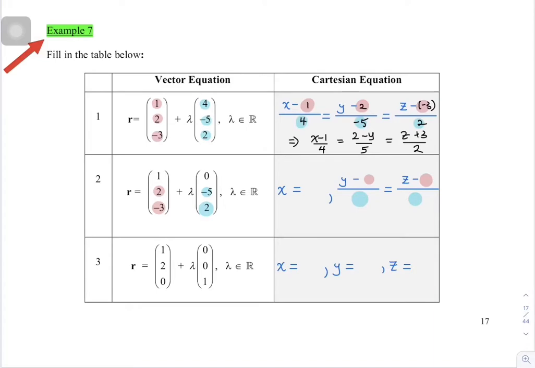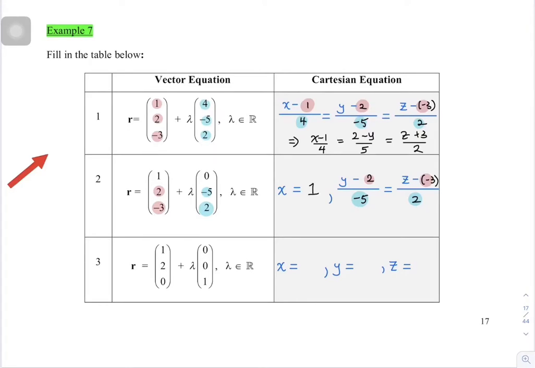So we will have y minus 2, z minus negative 3, here is negative 5 and here is 2. So what happens to the component for x? If we look at the components for x, it is always equal to the value of 1. So for this case, x is just equal to 1.